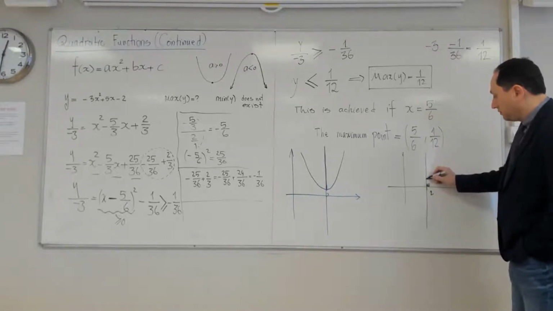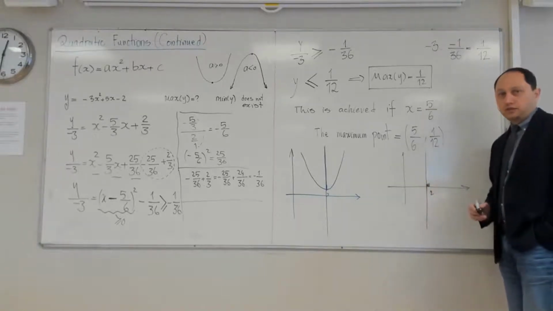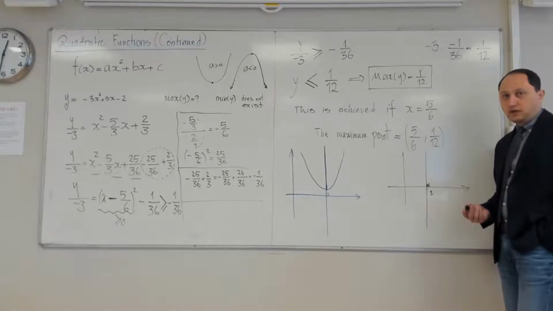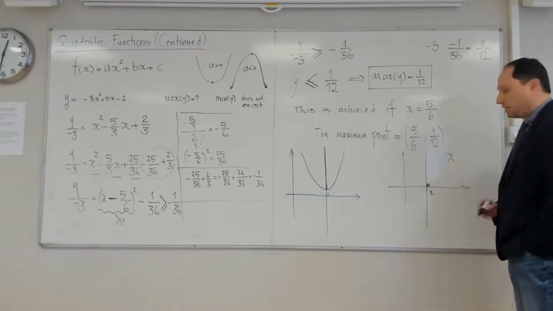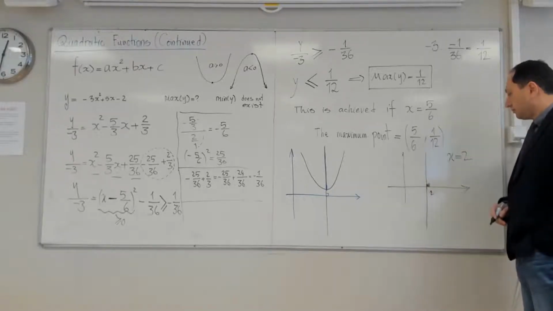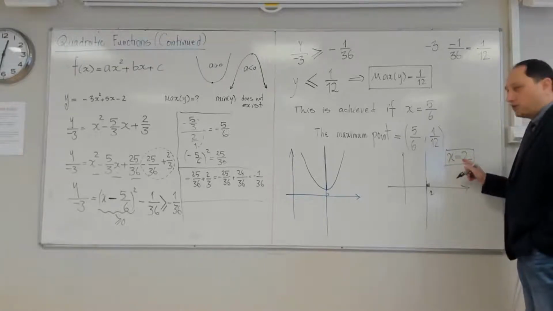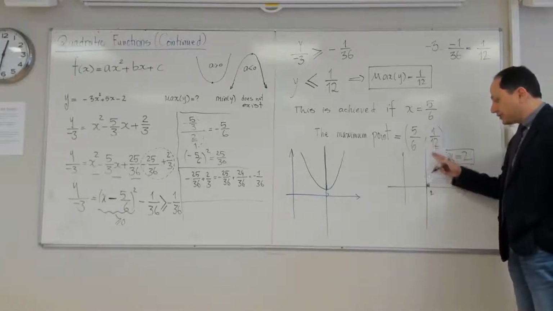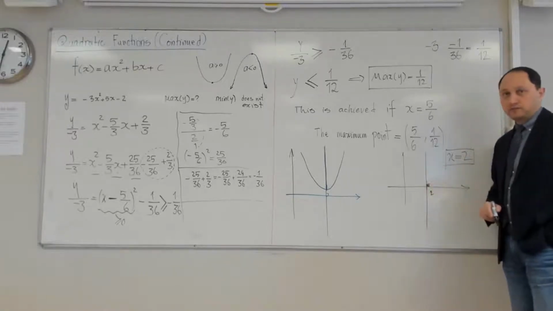There are infinitely many points, but all of them have something in common. What is that something in common? All of them have the same x coordinate, and that is equal to 2. So this equation represents this vertical line that passes through this point.